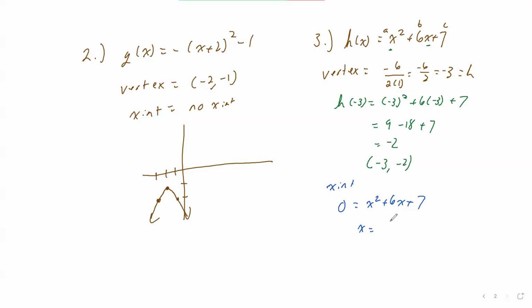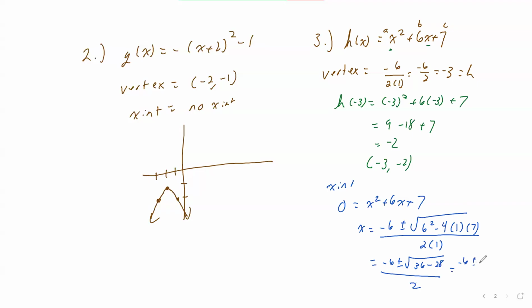So that would be negative 6 plus or minus the square root of 6 squared minus 4 times 1 times 7, divided by 2 times 1. So negative 6 plus or minus the square root of 36 minus 28, over 2. So this gives me negative 6 plus or minus the square root of 8, over 2.